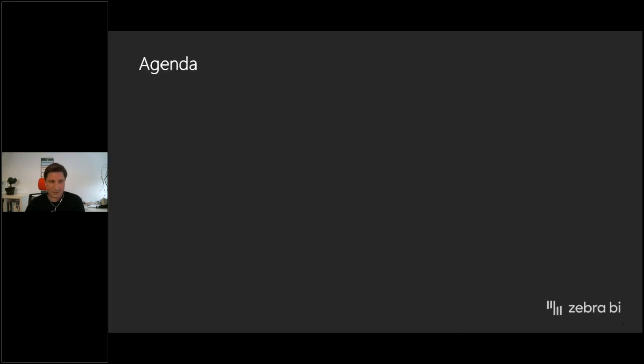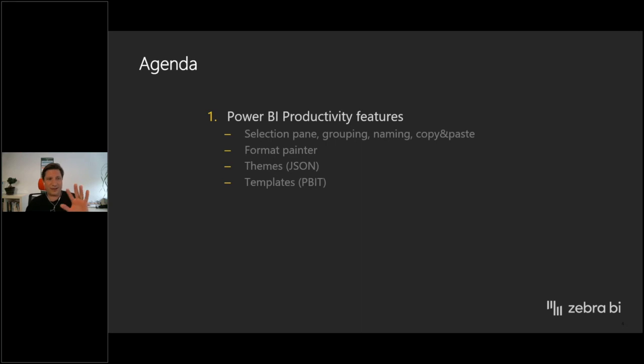So which brings me back to my agenda, right? The productivity features. So mostly I'll be talking about selection pane, grouping, naming, copy pasting, best practices, how to do this really, really quickly. Format Painter is a nice tool that can help you be more productive.